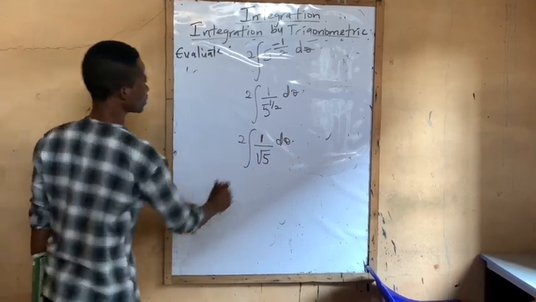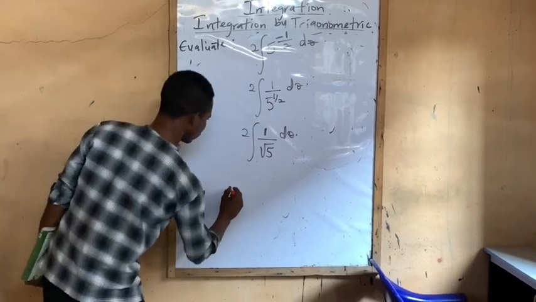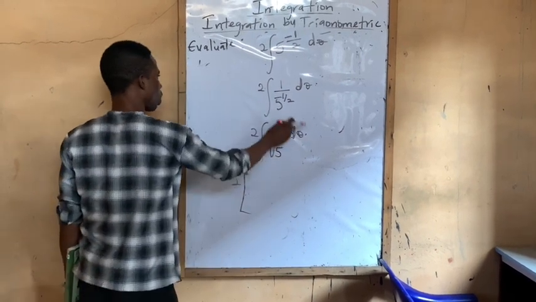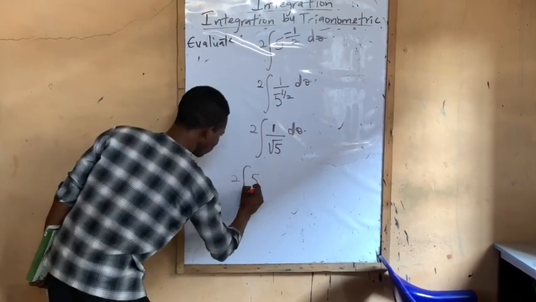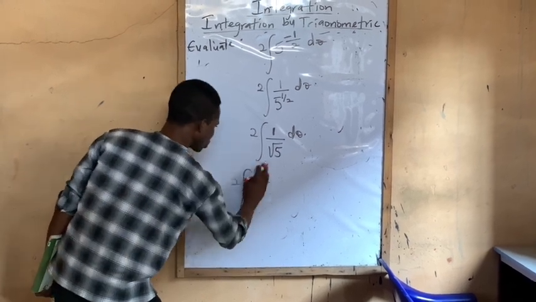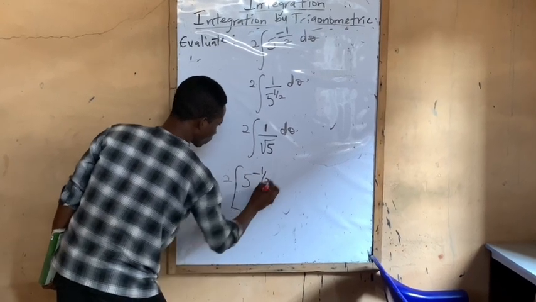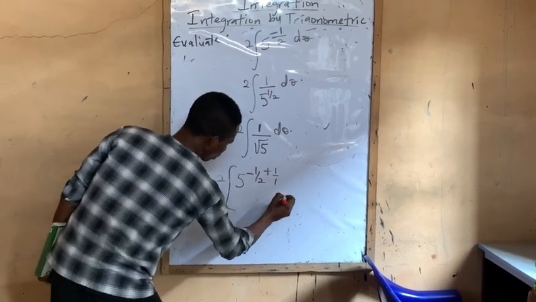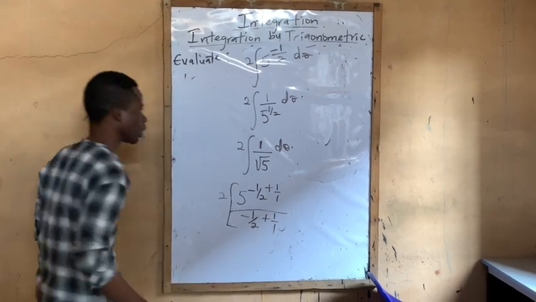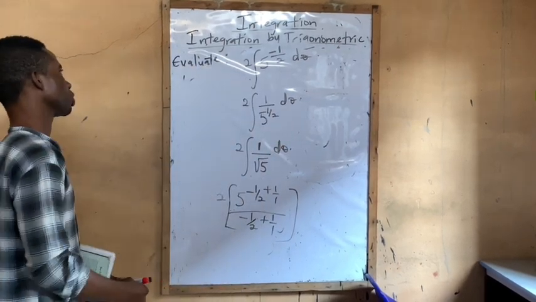But lastly, we have to integrate it. For us to integrate it, if I bring this up back, it will give me 5 raised to minus 1 all over 2. Integration, that is plus 1, all over minus 1 all over 2 plus 1, all over 1, according to our law of integration.